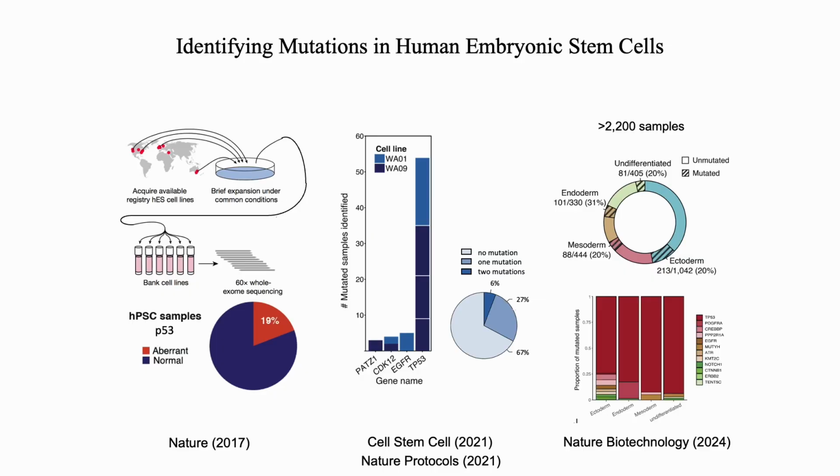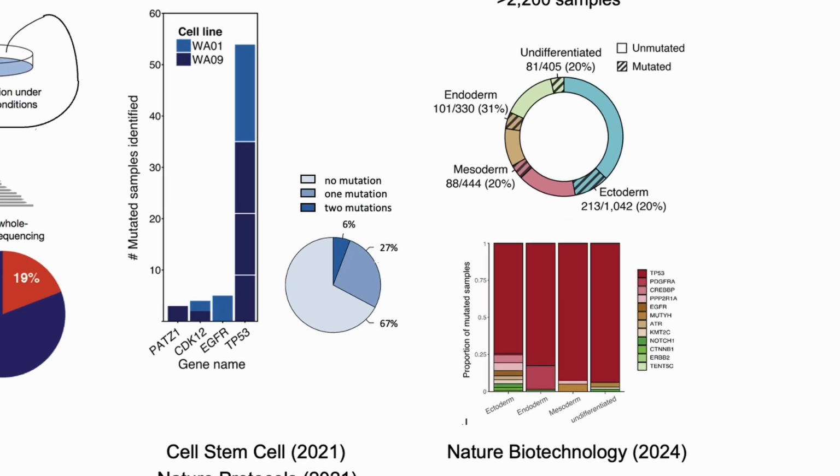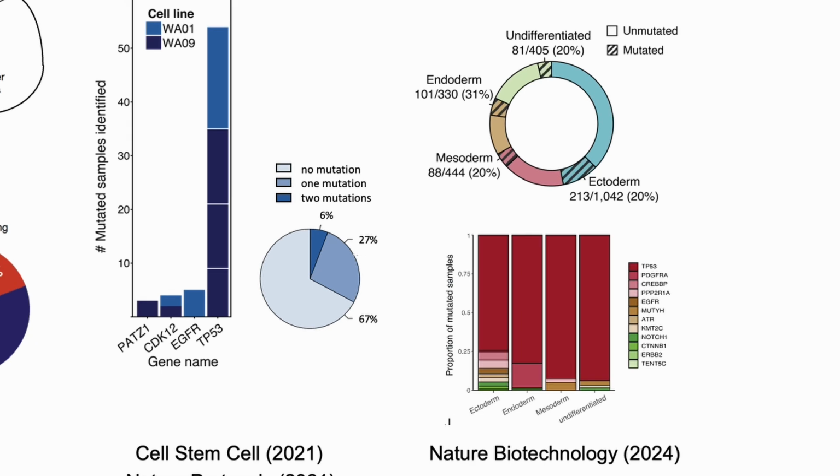Very recently, we expanded that to more than 2,200 samples covering about 150 different studies from all over the world, studying undifferentiated cells or cells differentiated from them. And again, what we could see is that between 20 to 30% of the cells, whether they are undifferentiated or differentiated, have mutations.